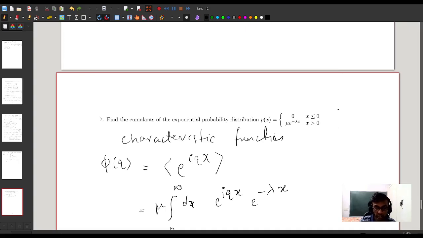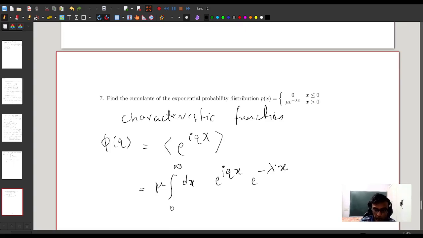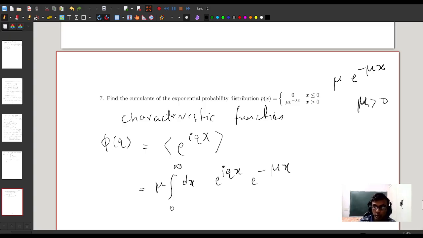Sorry, I think this should be mu actually. The coefficient that appears here for normalization should be equal to this coefficient in the exponential. So lambda is mu. Let me rewrite this. This is actually mu times e to the minus mu x; that was a typo. So mu has to be positive for this to be a probability distribution.